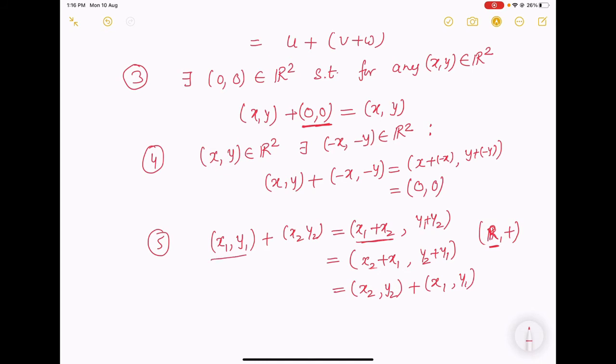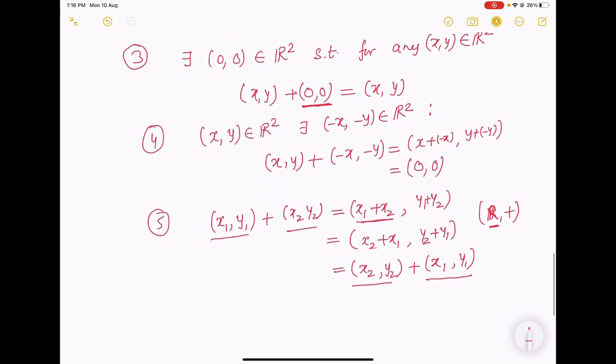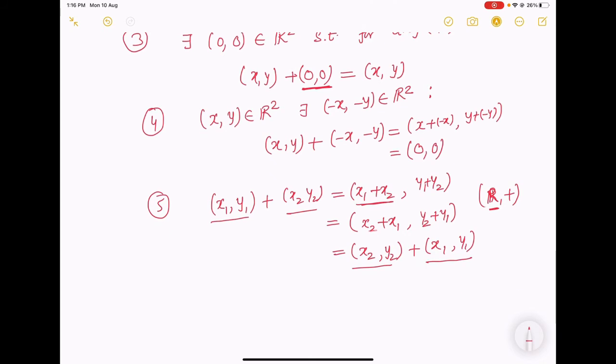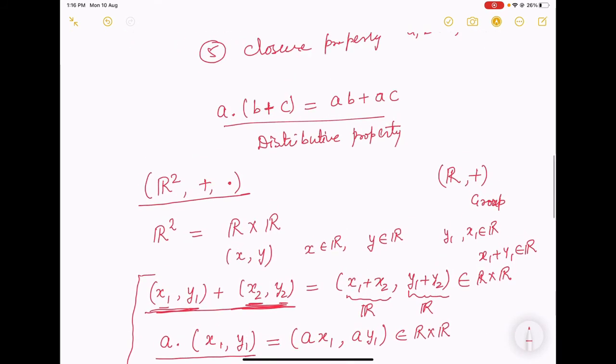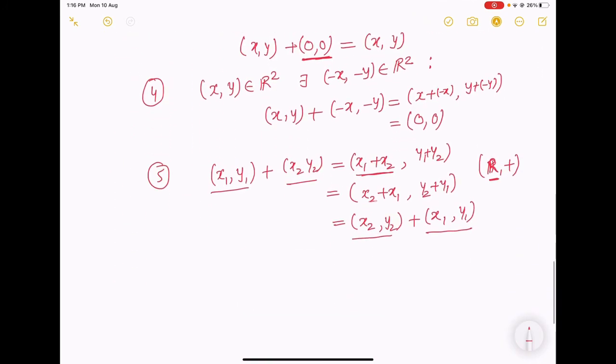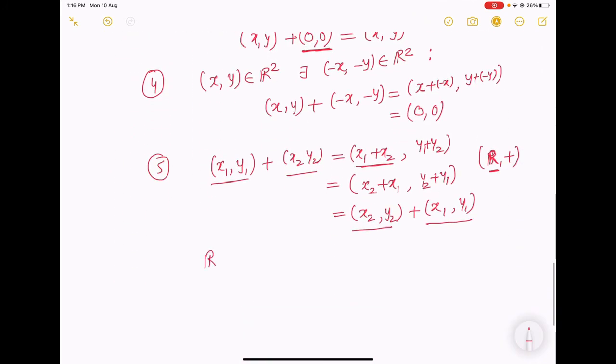So u plus v gives you v plus u. So the commutative property is satisfied in R square. So R square with respect to the plus operation forms an abelian group.